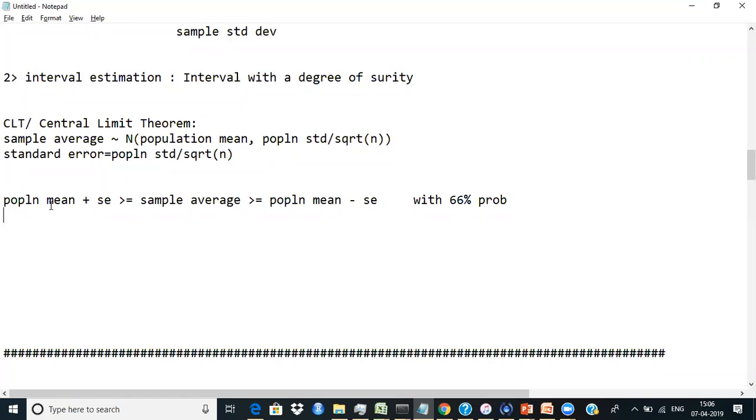If I can write this, then what I will do is I will bring the population mean in, this is an inequality, right? I'll bring the population mean on this side of the inequality. Let me write this and then let me know if you don't understand.